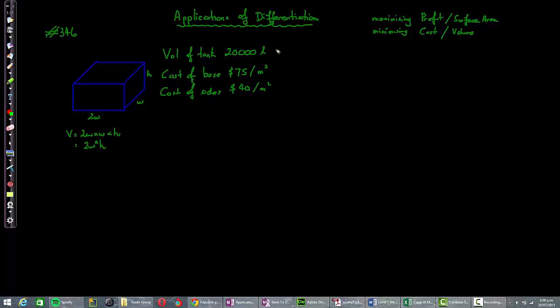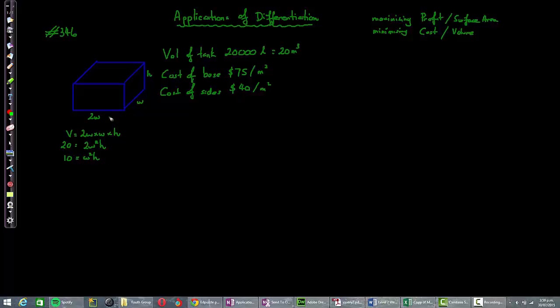So what we are also told, if we weren't, we would have to do this conversion, is that 20,000 litres is equal to 20 meters cubed. So I'm going to work using the unit of meters, and area of course in meters squared and volume in meters cubed, but they're compatible units. So I'm going to put 20 here, and you might notice that that simplifies to 10 equals W squared H.